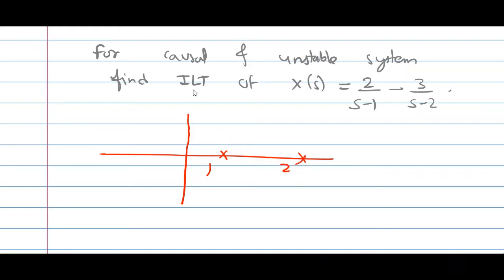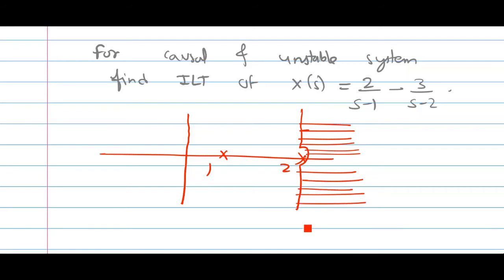So we have been asked for the causal system. So for both the poles, it must go towards the right side. I cannot start from 1, because if I start from 1, it will include the pole at 2, and that is not a property of ROC. The property of ROC is that it does not include any pole.